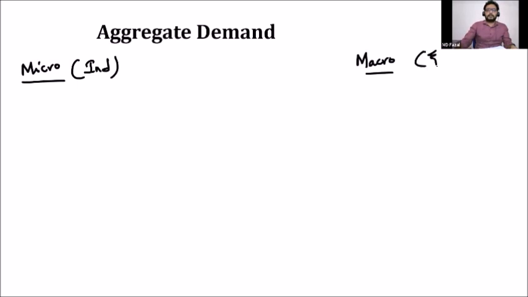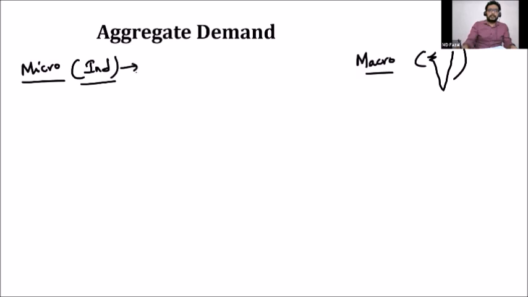Next, we will be talking about micro and we'll be talking about macro. What did we learn in the first class? Micro means individual. Macro means holistic, put together, the entire country.